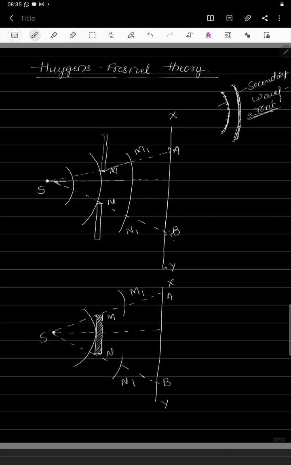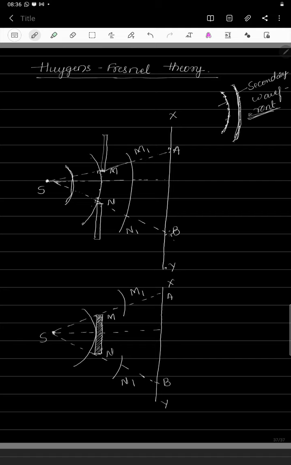Considering Mn as the primary wavefront, suppose these are the wavefronts that hit the opening Mn. According to the Huygens theory, if secondary wavefronts are drawn, all the particles on this primary wavefront lead to the next wave and produce secondary sources.